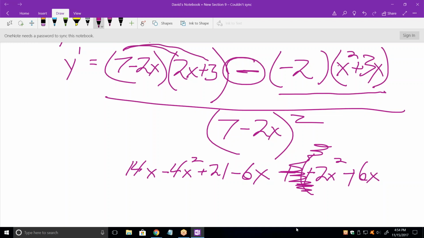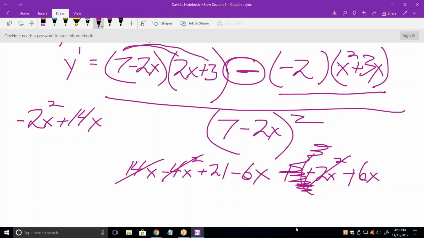Now, simplify. How many x squareds do we have? -2x squared. Okay, how many x's do we have? Sometimes it's helpful to list them so I don't forget one. Looks like it'd just be 14x. Okay, plus 14x.